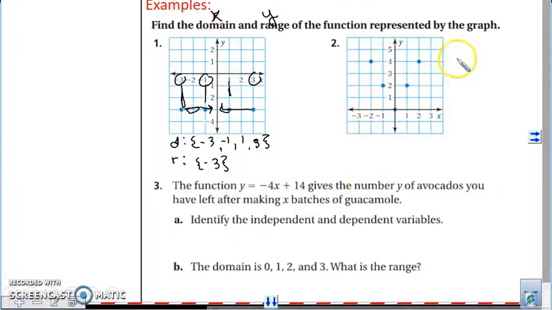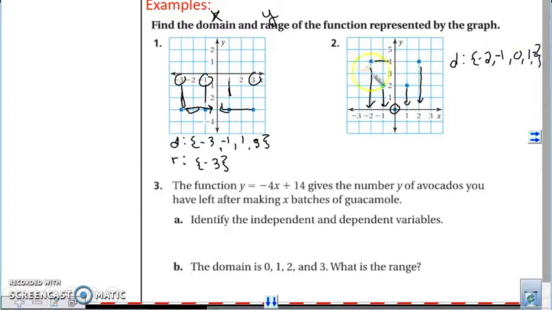Number 2, the domain. Oops, that's range. Domain: -2, -1, 0, don't forget about that one, 1, 2.